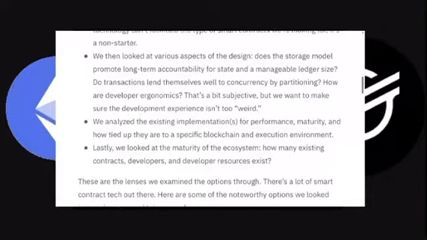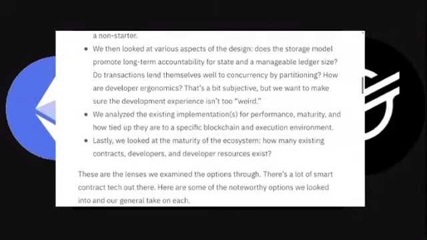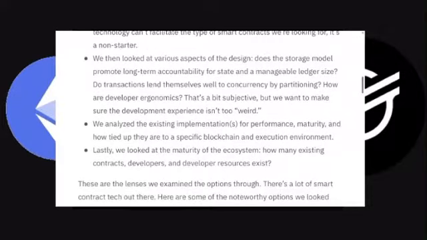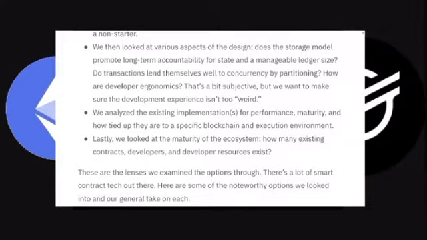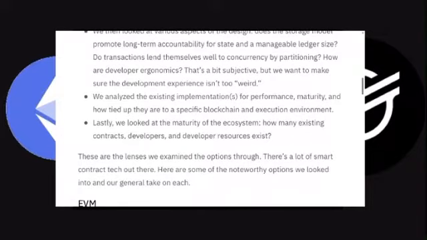Do transactions lend themselves well to concurrency or partitioning? How are developer ergonomics? That's a bit subjective, but we want to make sure the development experience isn't too weird.